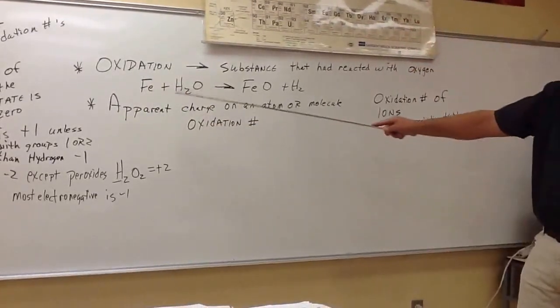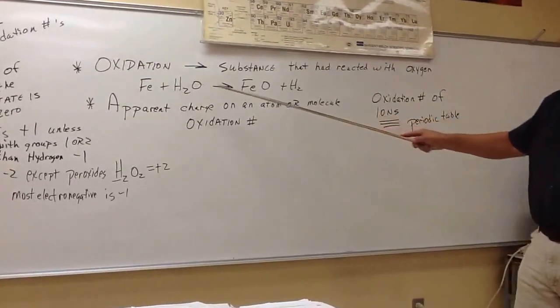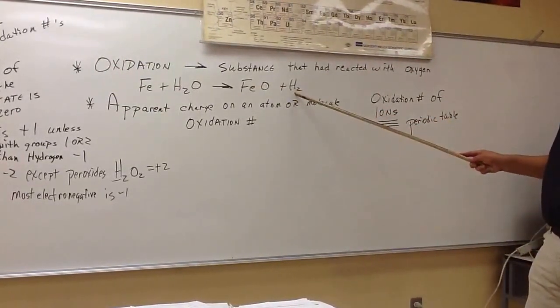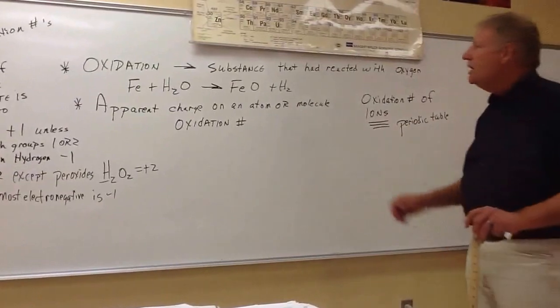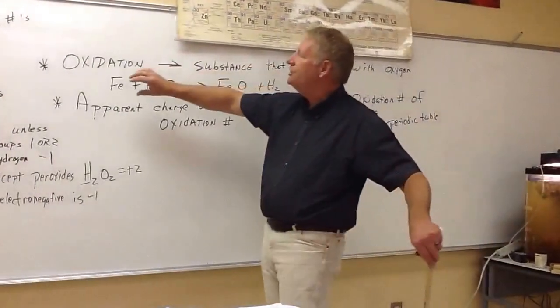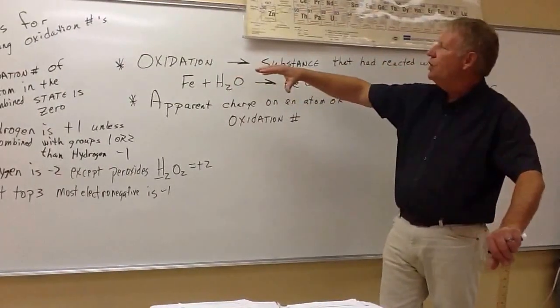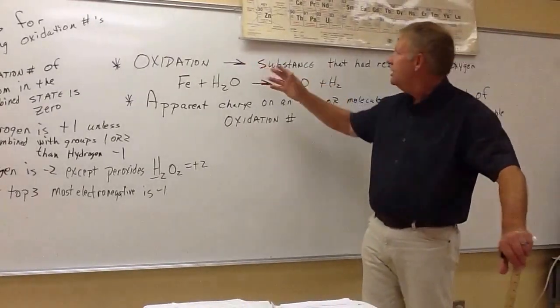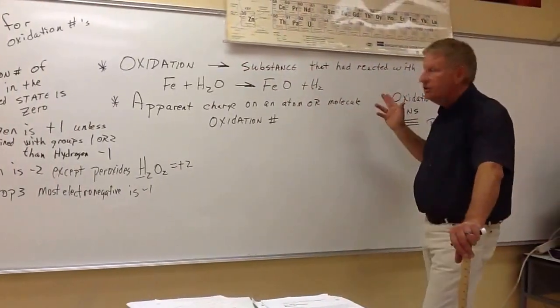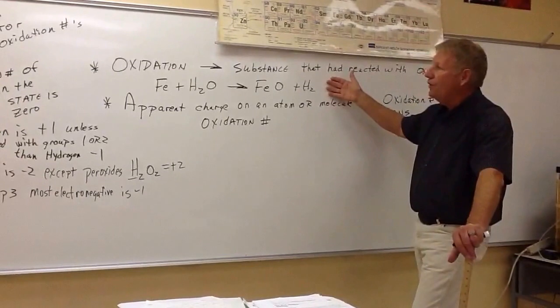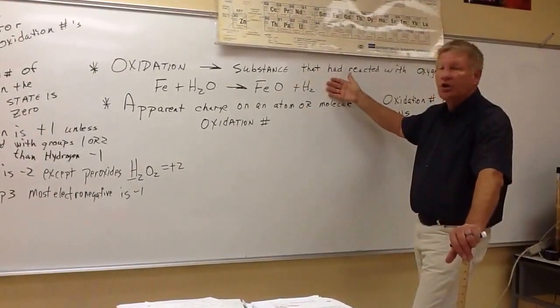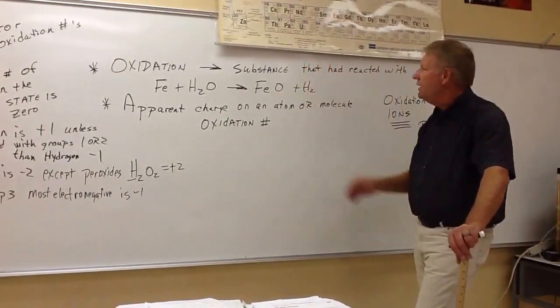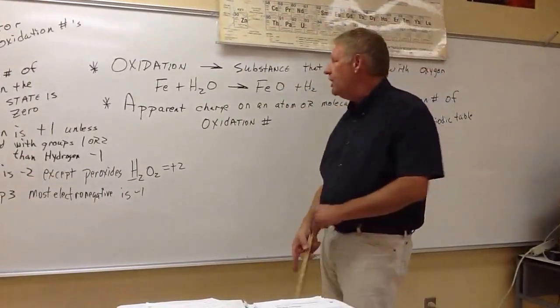So iron plus water yields iron oxide plus H2, which is hydrogen gas. I'll ask you on your test, what's the old definition for oxidation? A substance that had reacted with oxygen. And here's a chemical formula to show the old oxidation, and this is rust, the formula for rust.